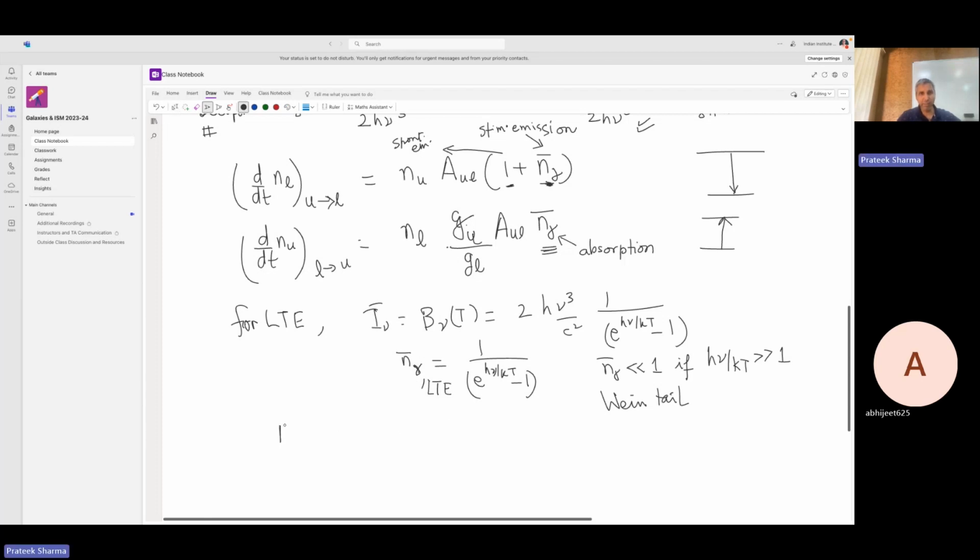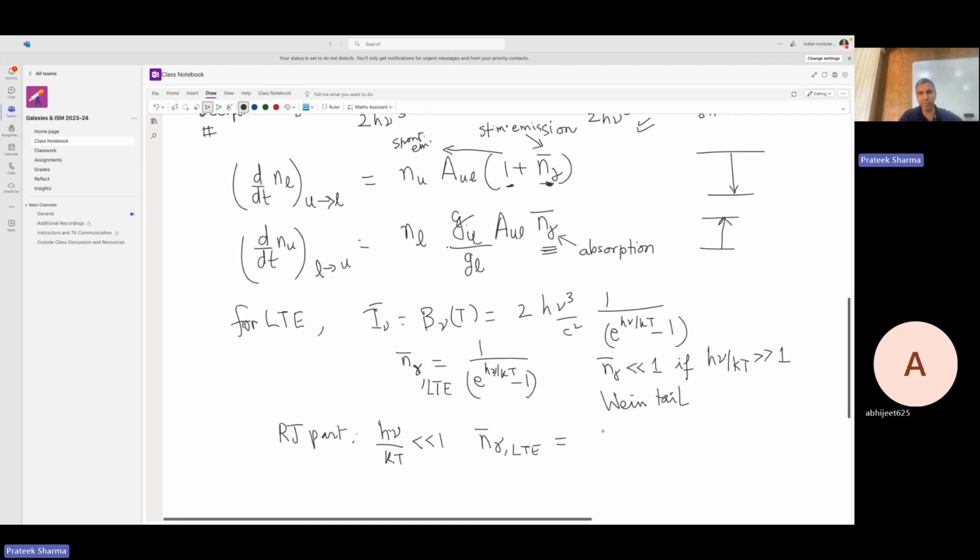But in the Rayleigh-Jeans part, h nu by kT is much less than 1. In that case, n gamma bar in LTE becomes, e to the h nu by kT is just 1 plus h nu by kT, right? e to the x when x is small is 1 plus x.